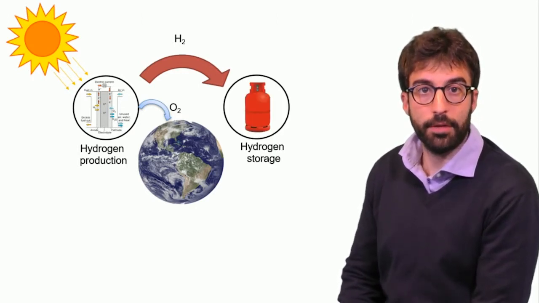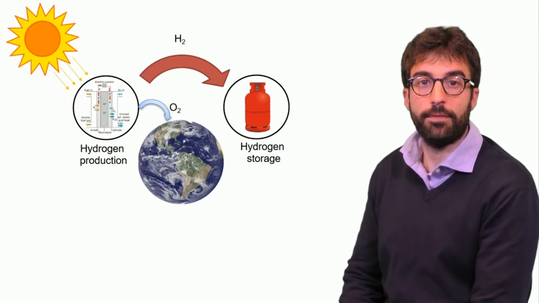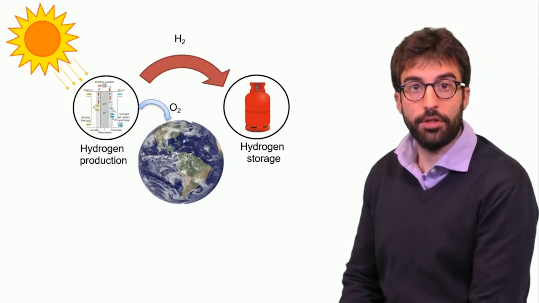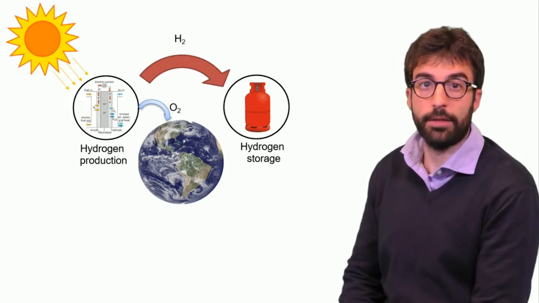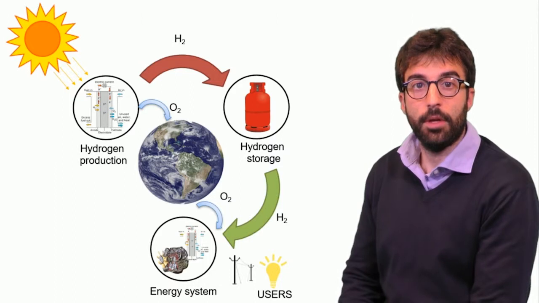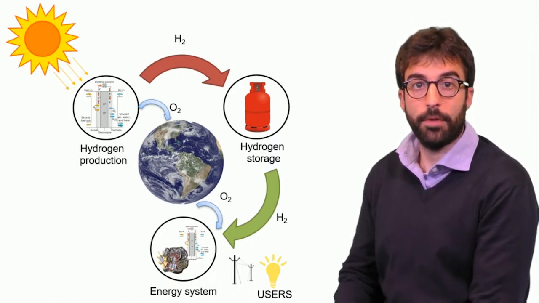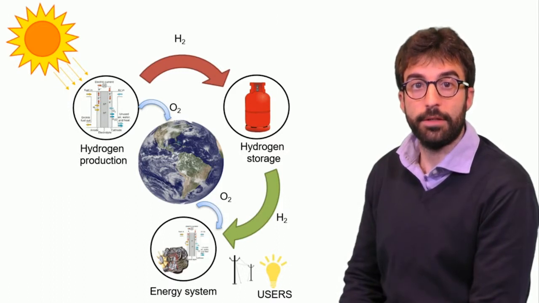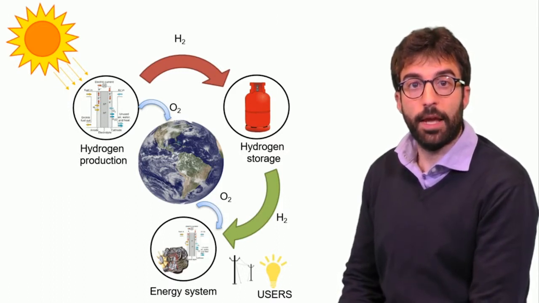Hydrogen is a stable chemical that can be stored with several different solutions, and once a user requires energy in forms of electricity or any other kind of energy, we can implement power systems that can be both traditional ones or, much more interesting, fuel cells that will produce the energy required by the user.